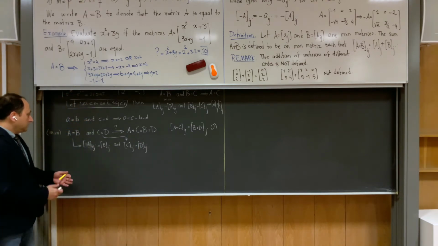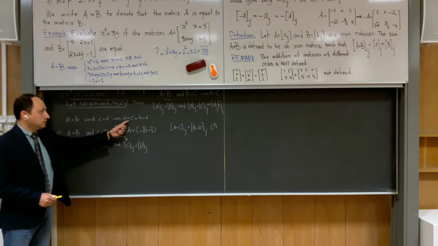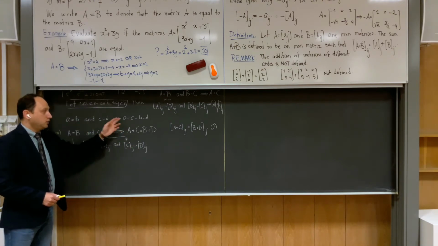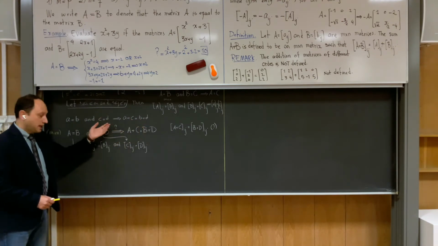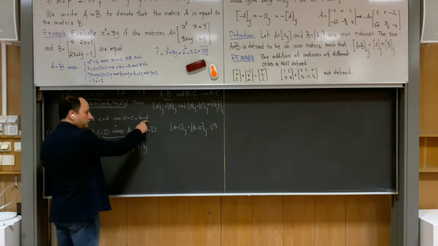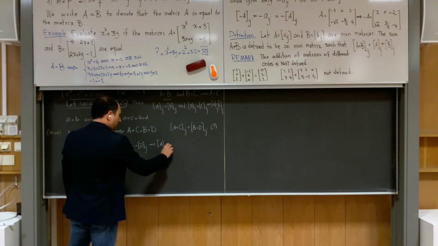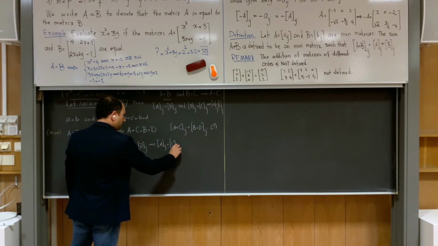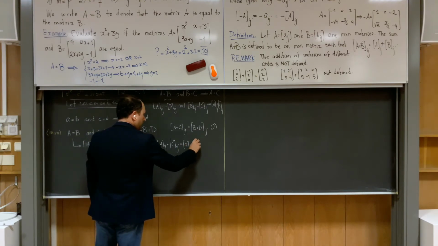And now, these are 4 numbers. I know that this rule of adding the left-hand sides and equating it with the addition of the right-hand sides works for numbers. Because now these are numbers, I can add them exactly according to this rule. So this means that a_ij plus c_ij is equal to b_ij plus d_ij.